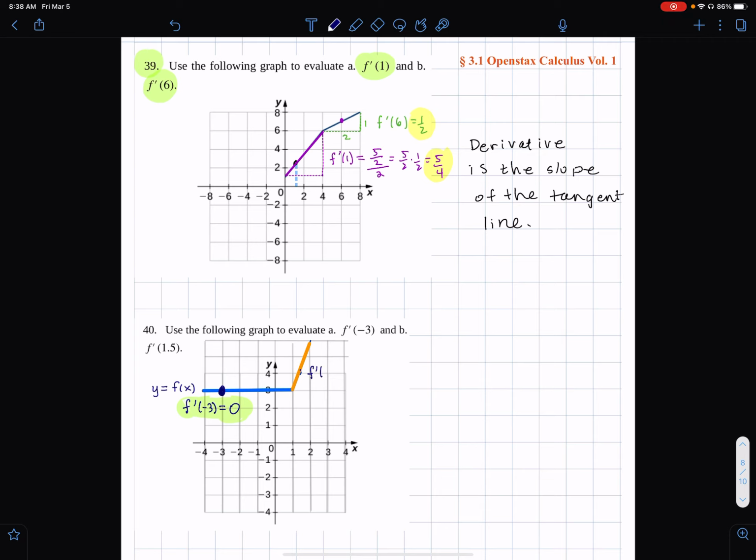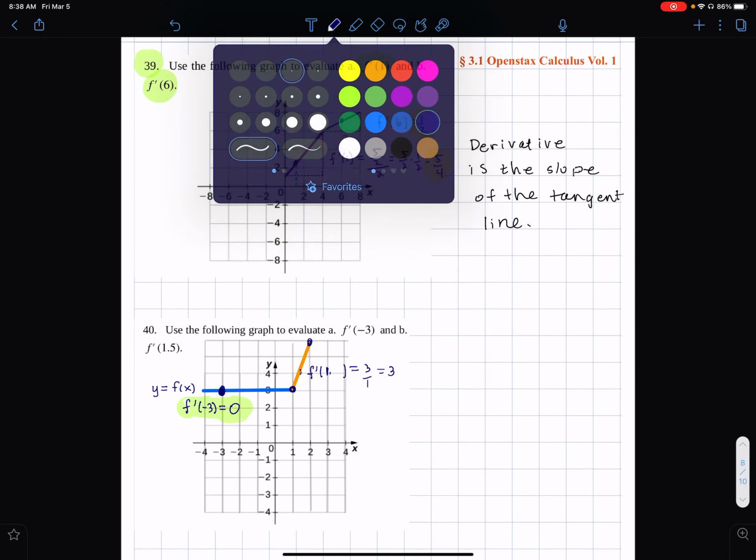But f prime of 1.5 is the slope, and the slope was from the two endpoints of that orange segment. We see that we go up 3 over 1. So it's 3 over 1, which is 3. I just feel like it's not that easy to read that, though. But I think the answer is right.